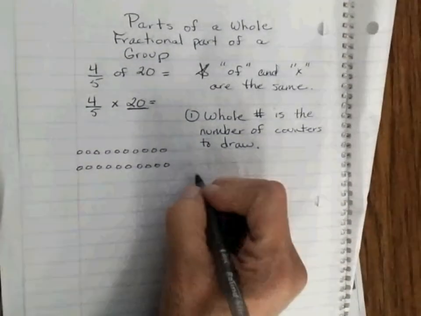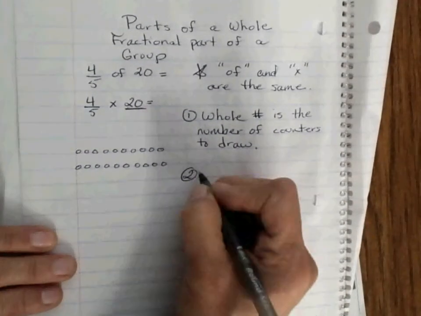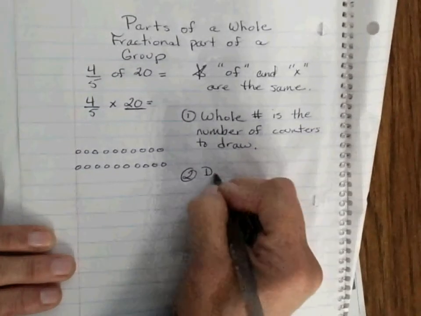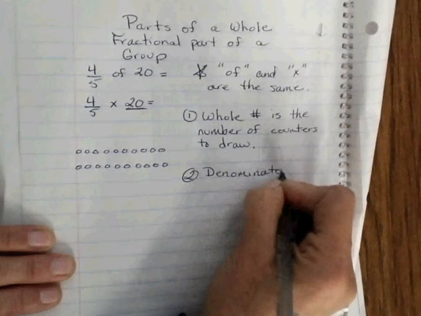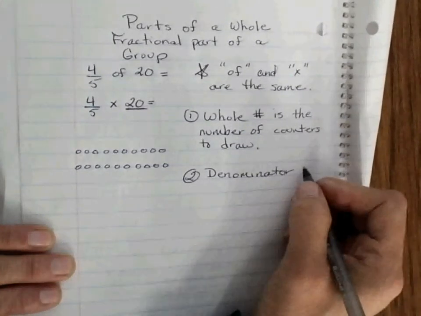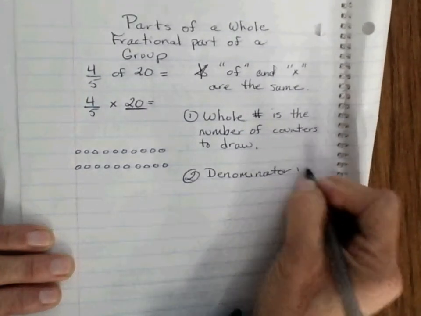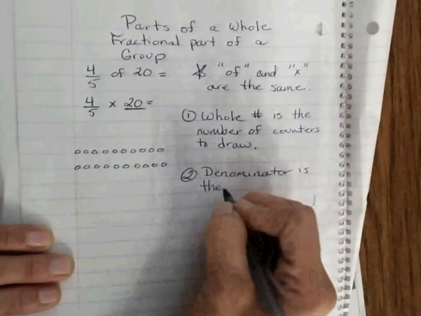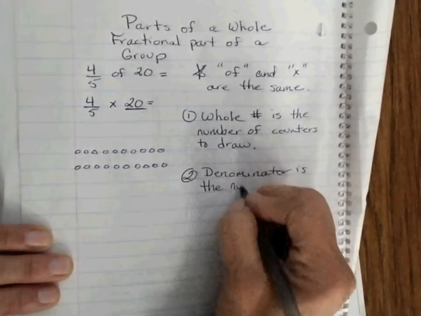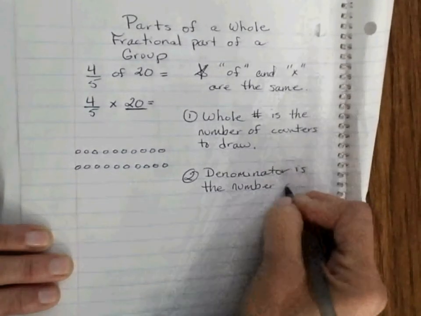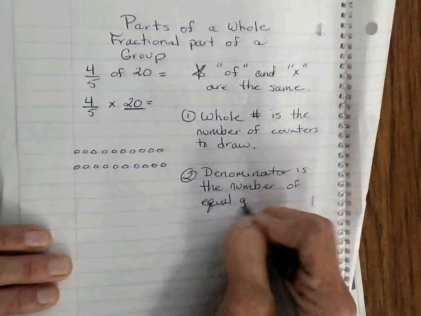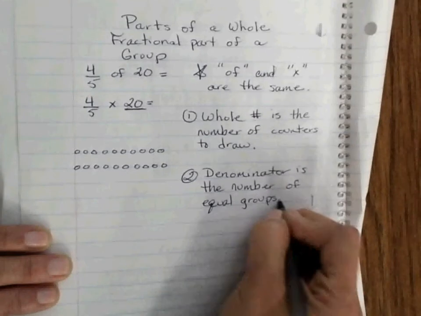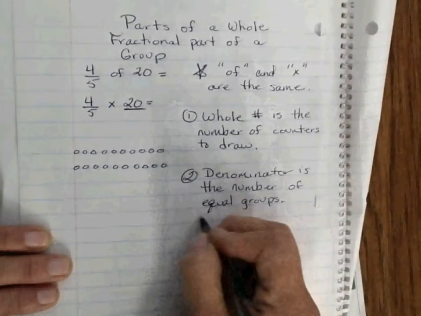Okay, now in my model, the denominator is the number of equal groups. So I'm going to divide that whole number into equal groups.